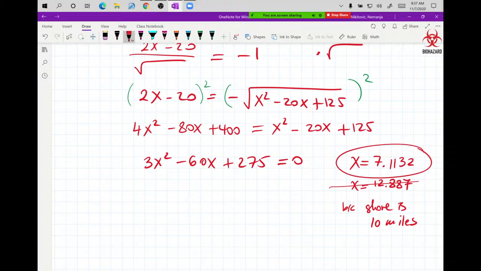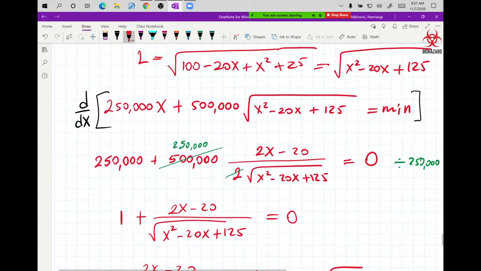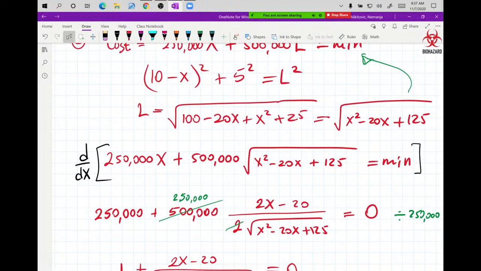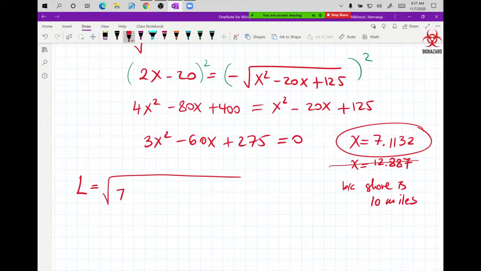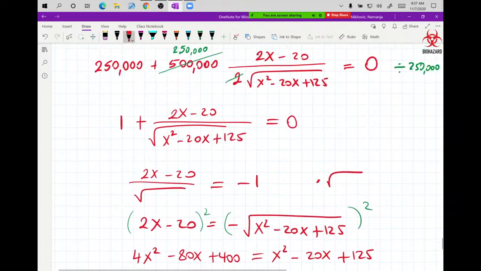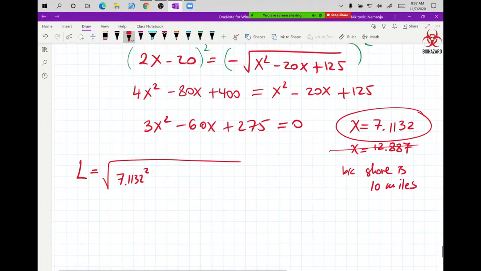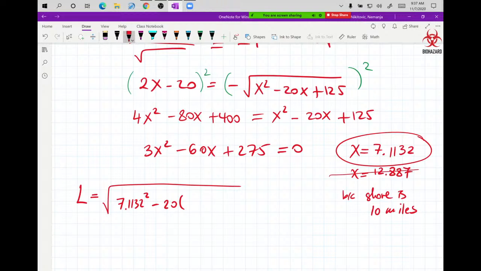Now we calculate the length under the water, and that was the square root of x squared minus 20x plus 125. X squared, was it minus 20x, okay, minus 20 times 7.1132, plus 125 over here.